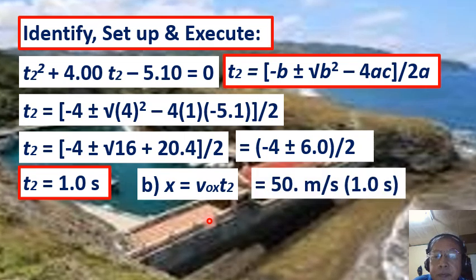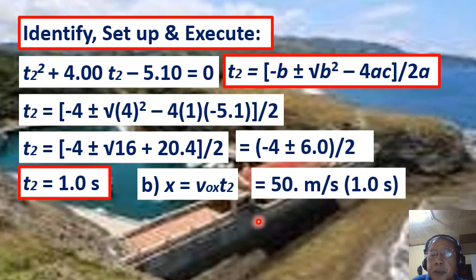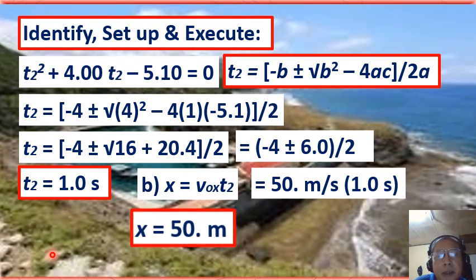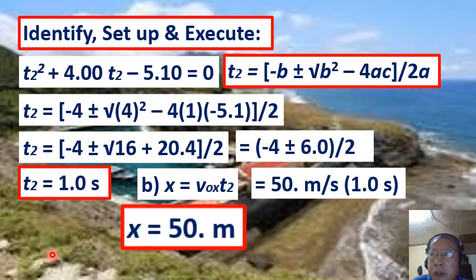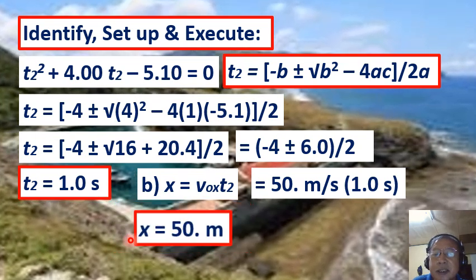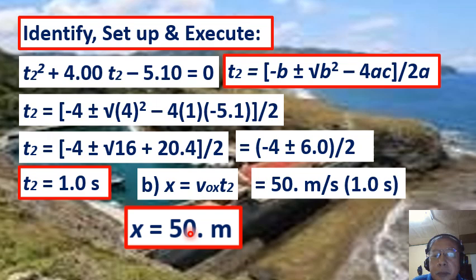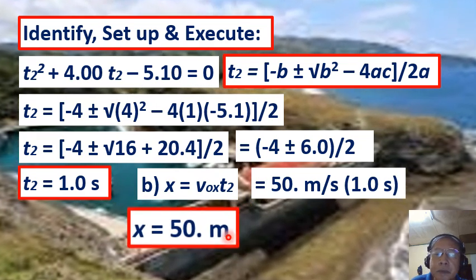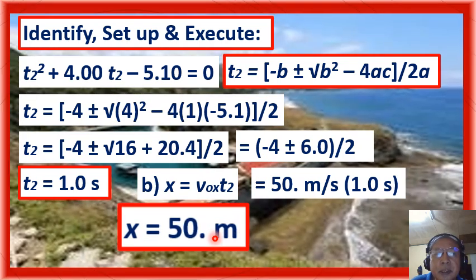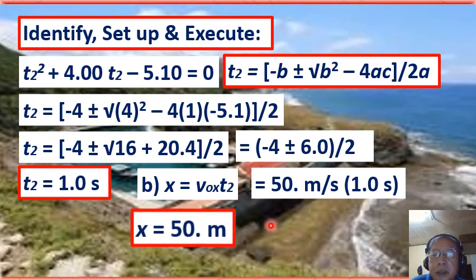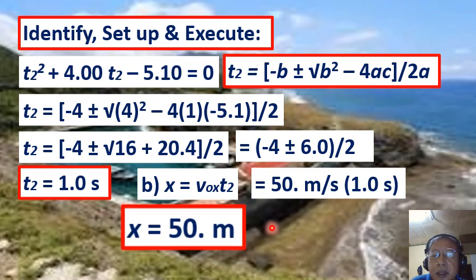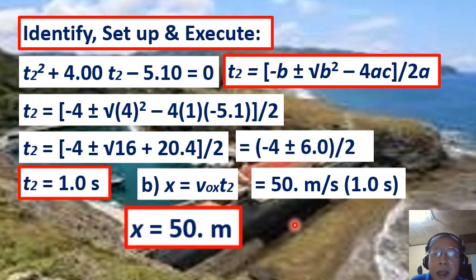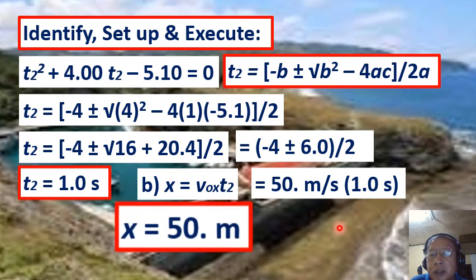That is 50 meters per second multiplied by 1.0 second. So we finally get the value of the horizontal distance x equal to 50 meters, in two significant figures. So this is the final answer to question letter B, where we are asked to find the horizontal distance along the plane where the rock is going to hit.